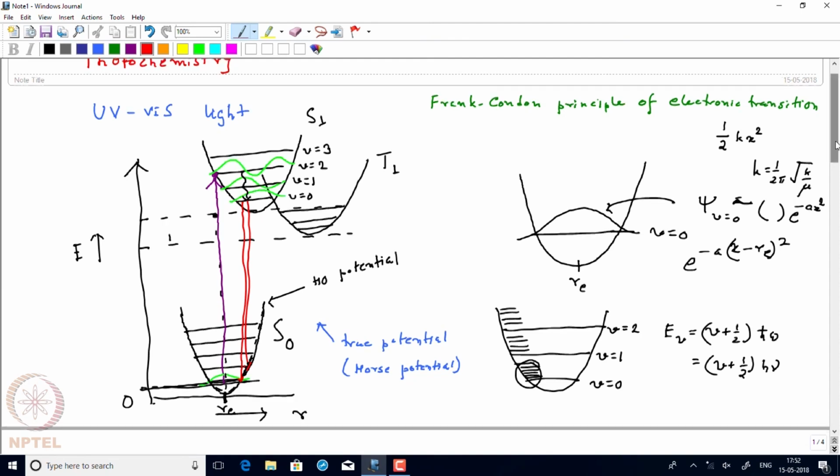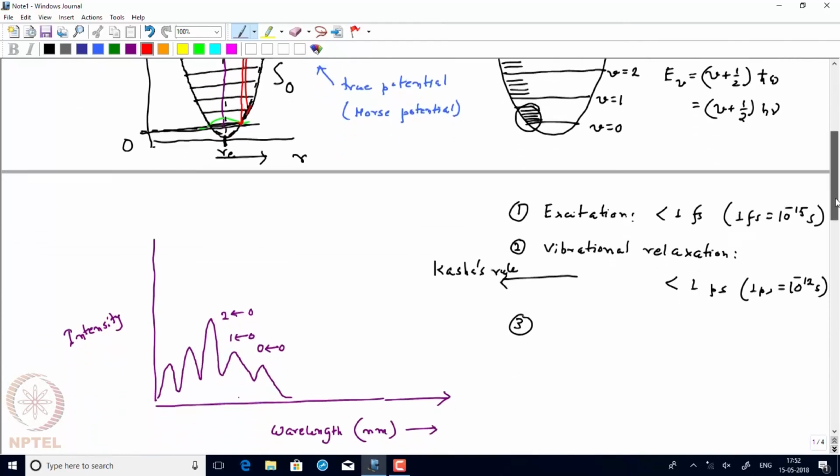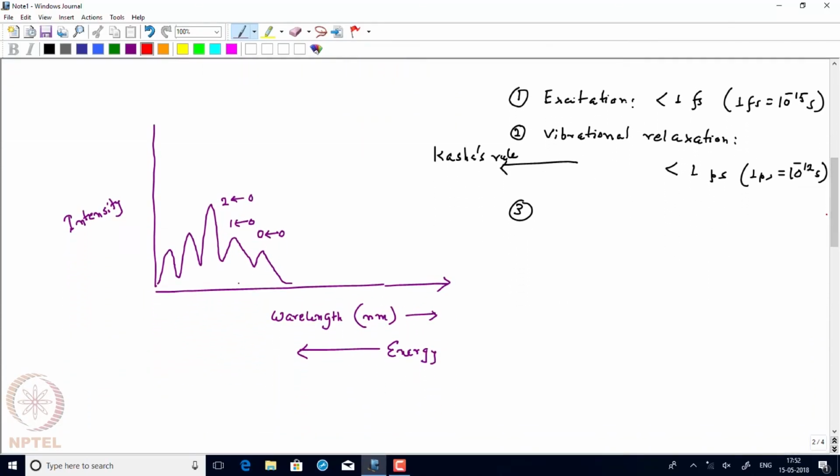Just like our absorption, the emission will also be structured. I'll have a 0 to 0 emission, but then I'll have a 0 to 1 emission, a 0 to 2 emission, and a 0 to 3 emission. Now this 0 is in the excited state, and it is coming back to the ground state, and we'll have a similar structure in the emission spectrum also. So overall the emission spectrum will also look something like this.